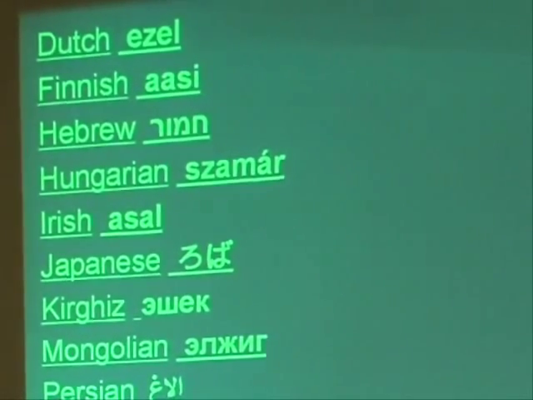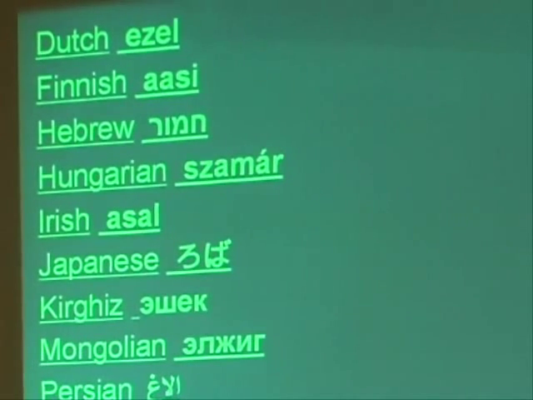Do you start seeing anything over here? What are you seeing so far? You're seeing that a lot of these are somewhat similar to ass, right? So ass comes from these, or these are all coming from some language that has those letters in it.